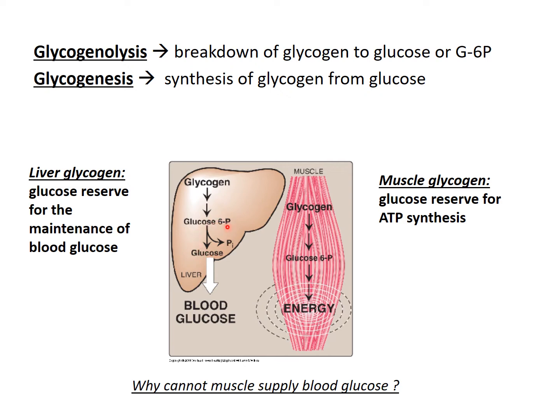It is actually going to the glucose 6-phosphatase enzyme system in the ER, if you remember, and will produce glucose. So that is the enzyme system that produces free glucose, not phosphorylated glucose, in the liver, either through glycogen degradation or from gluconeogenesis, which will play a role in balancing blood glucose. So why cannot muscles supply blood glucose? Because it doesn't have glucose 6-phosphatase in the cells.